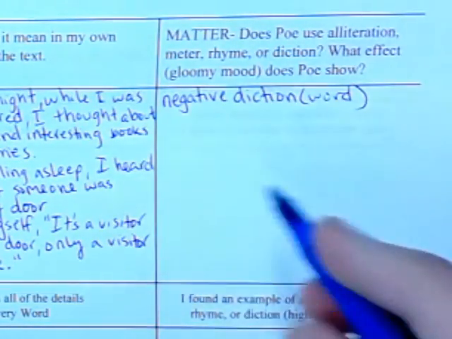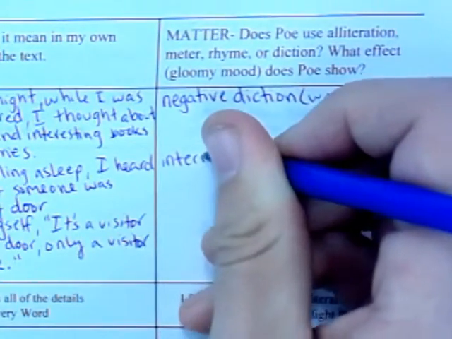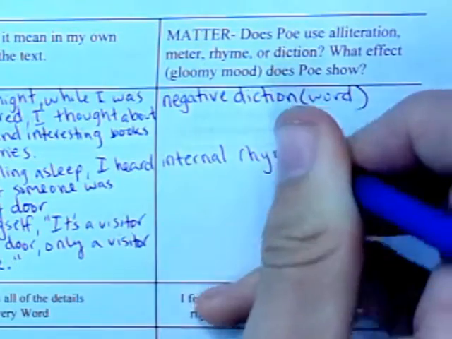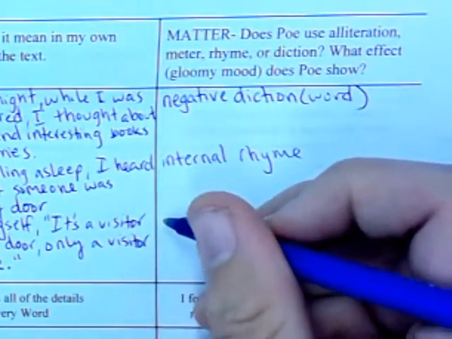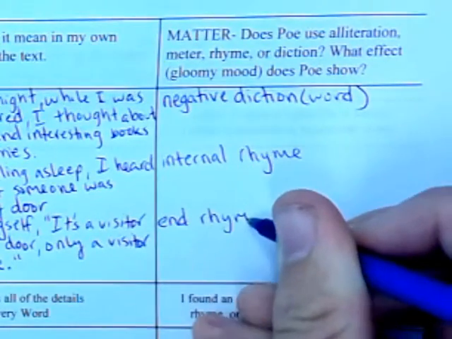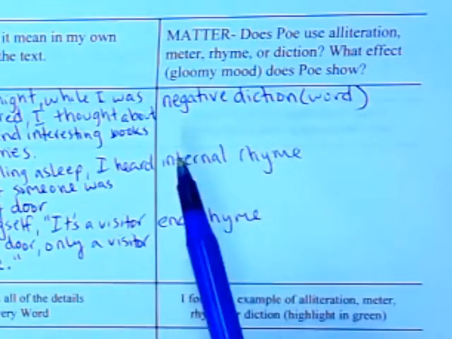We're also looking for internal rhyme, and then for end rhyme. So those are the 3 things we're looking for: negative diction or word choice, internal rhyme, and end rhyme.